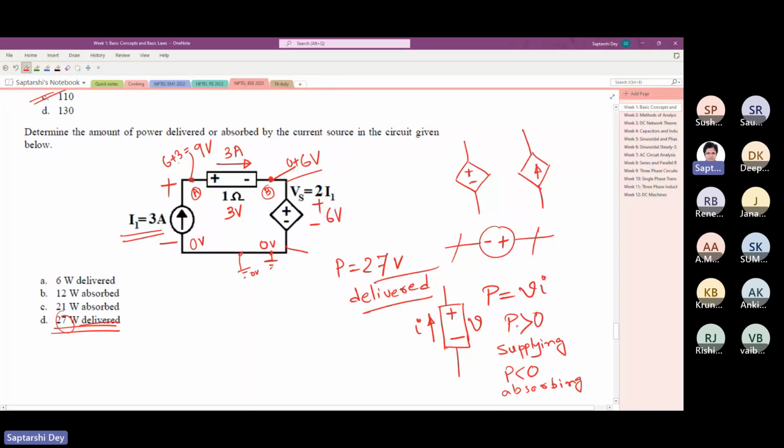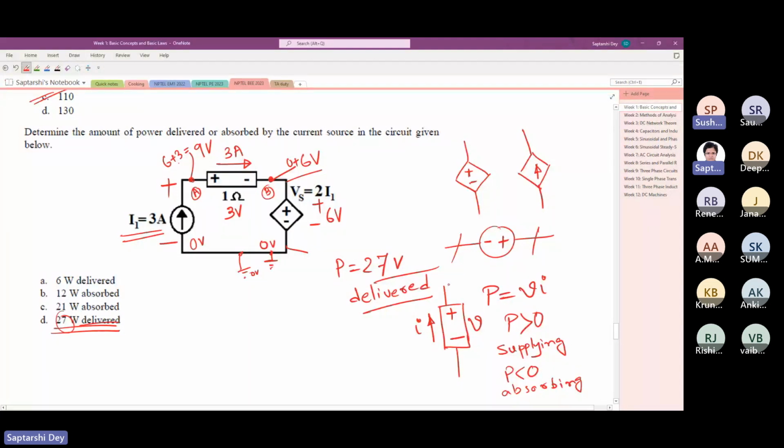Why positive? How do you know that it is delivering power? Like you have drawn the direction of current from a voltage source, and you have written P is equal to VI here. So this is not a voltage source.